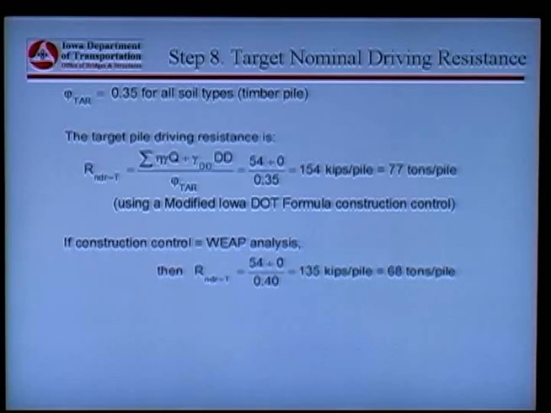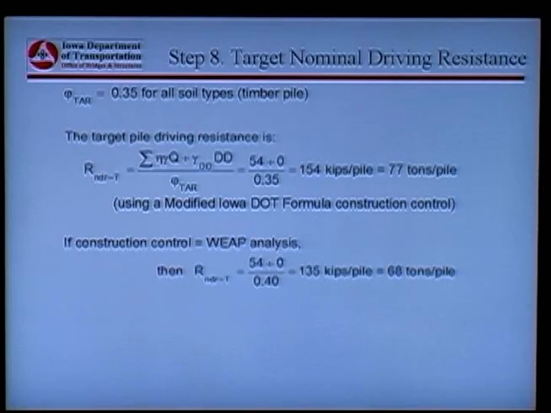This one is to determine the target driving resistance, and the resistance factor should be selected from the table for construction control. Right? And the phi factor here is 0.35, and the target driving resistance shall be 154 kips per pile or 77 tons. Okay? If, for example, you were to use PDA as your construction control, then you have a smaller target resistance.